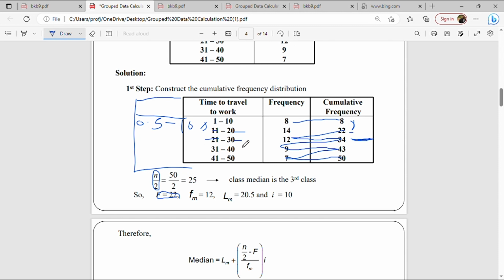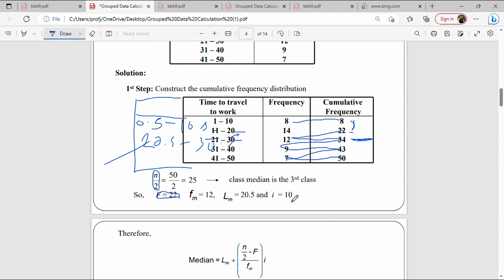Now, the lower class boundary. Let me draw it so you can see. Right, so you can see 20.5 to 30.5. And we already know that the median is around here, right? So this is the lower class boundary, this is the upper class boundary. That is, 20.5 is the lower class boundary, 30.5 is the upper class boundary. Now, the lower class boundary of the median class is this LM, and that's 20.5.